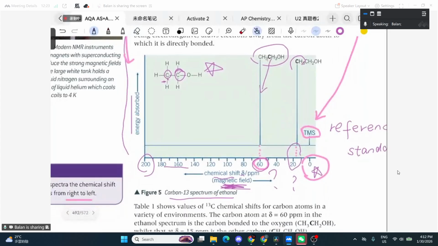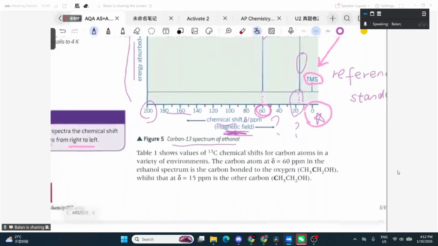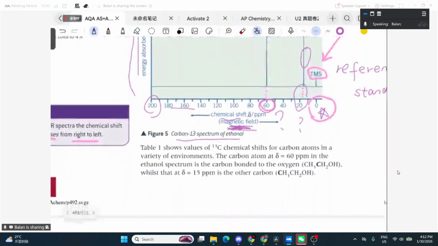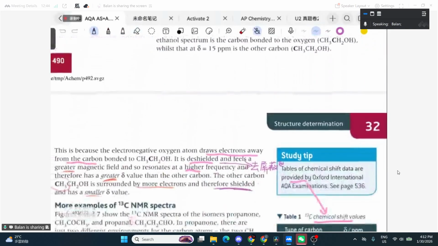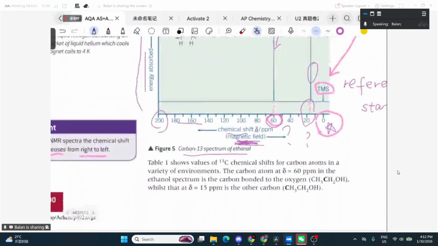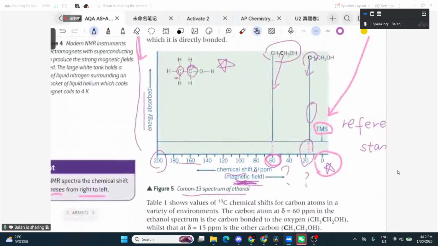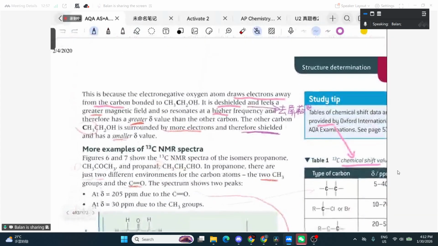And another peak is in between 0 and 20, almost 20. This is due to the CH3 carbon. They have different values: while bonded to oxygen, this carbon atom has a greater ppm value, a greater chemical shift.